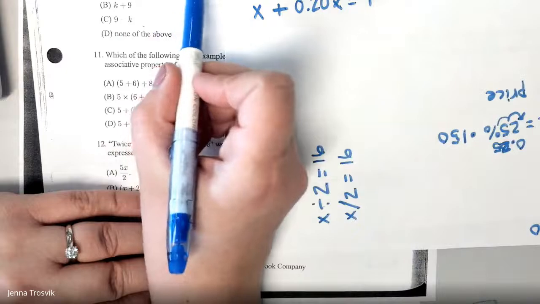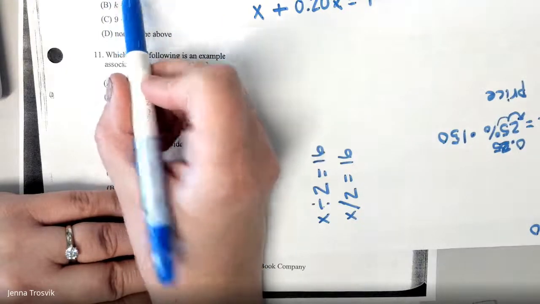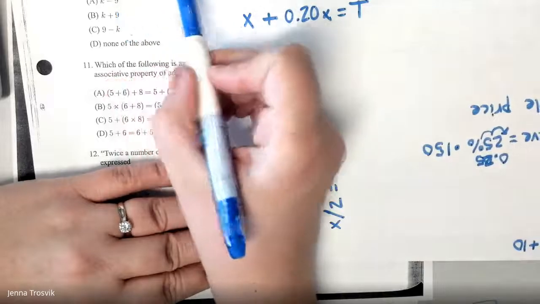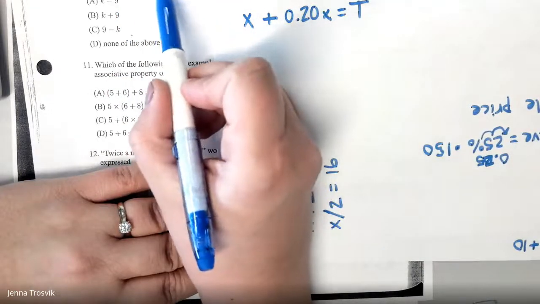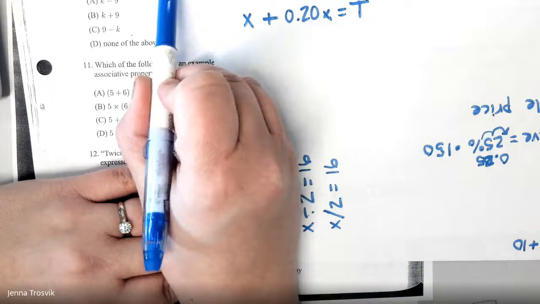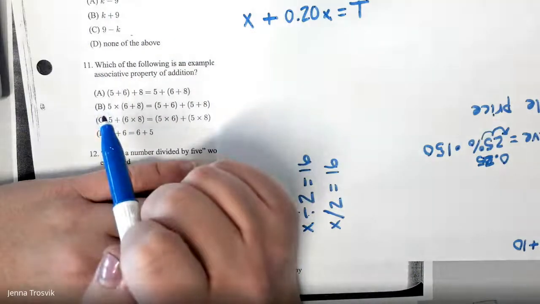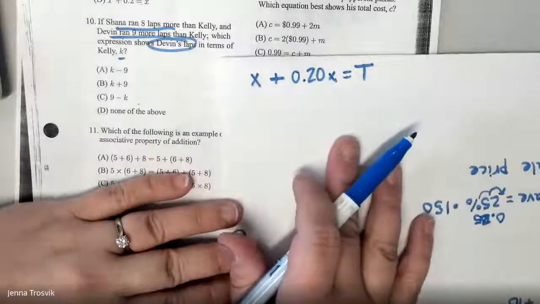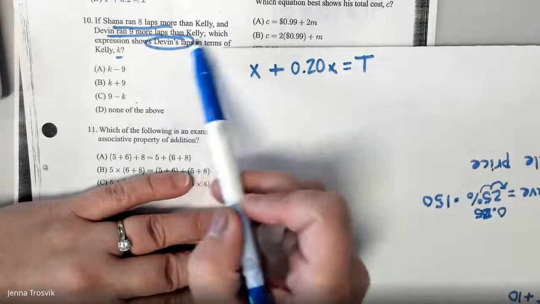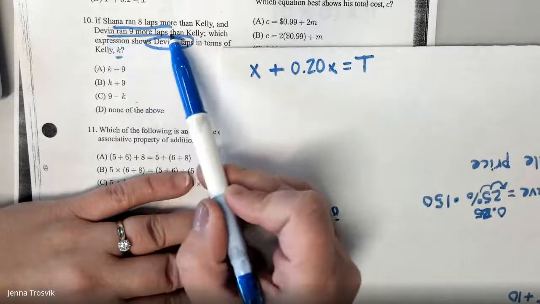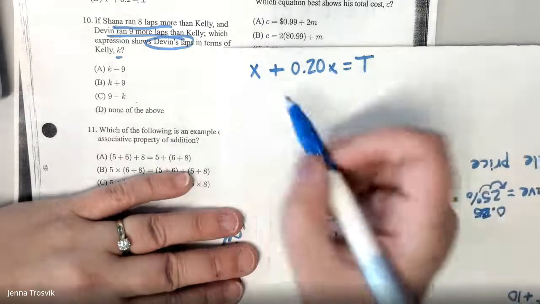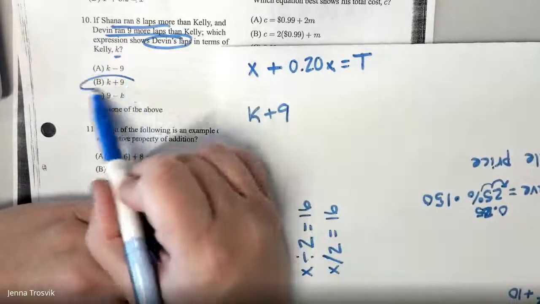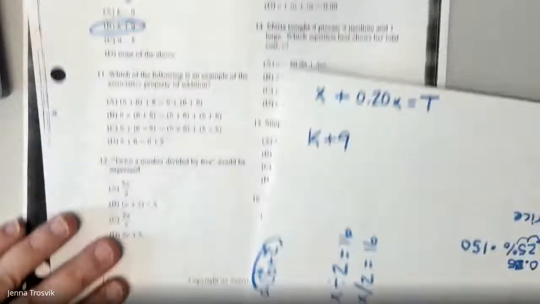So if Devin ran 9 more than Kelly, we just want to know Devin's laps in terms of Kelly's. All we have to know is that Devin ran 9 more than Kelly. That's easy enough. So all we do is Kelly plus 9. So 9 more than Kelly.